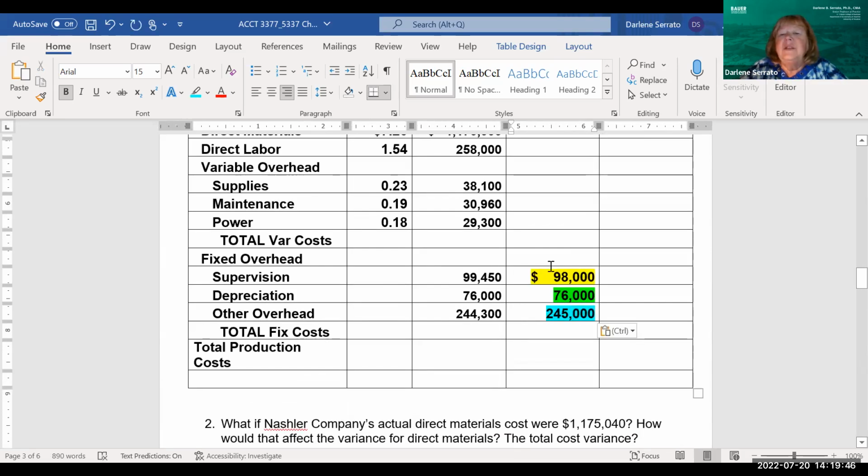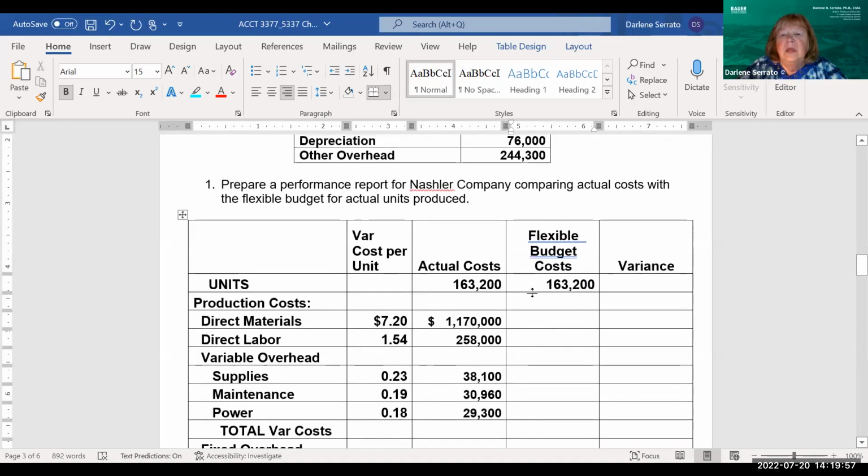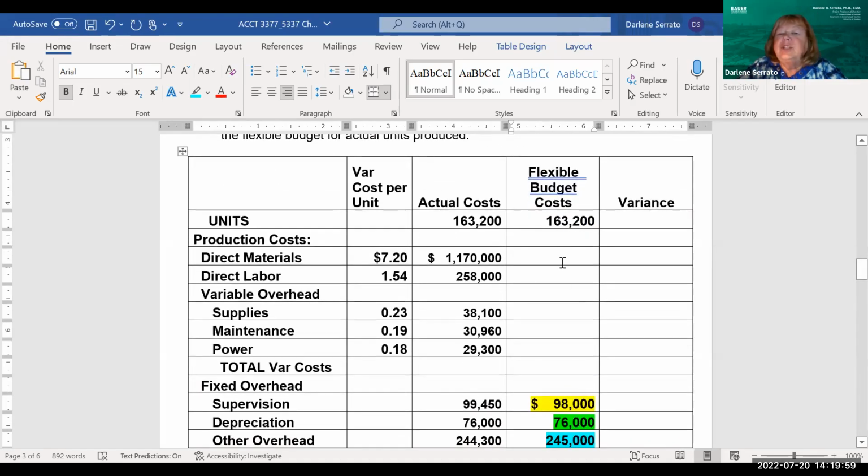By definition, the fixed cost will not change in the flexible budget. Okay, so what does change are the variable cost.